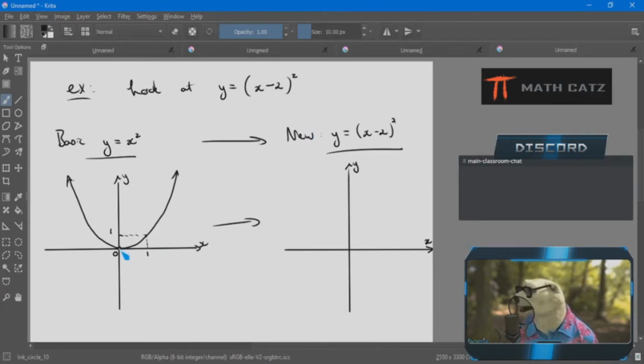All right. So now, what is happening to the graph? Well, when I look at this bottom vertex point, in the original, I had to plug in x equal to 0 to find the corresponding y value of 0. So in the basic original, an x value of 0 gives me the answer for y, 0.